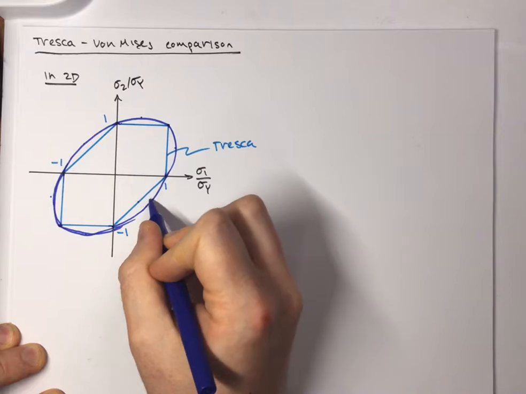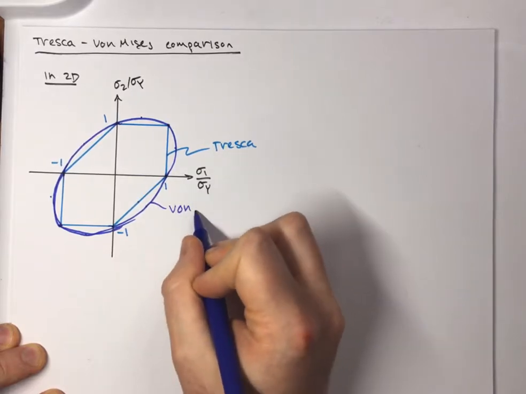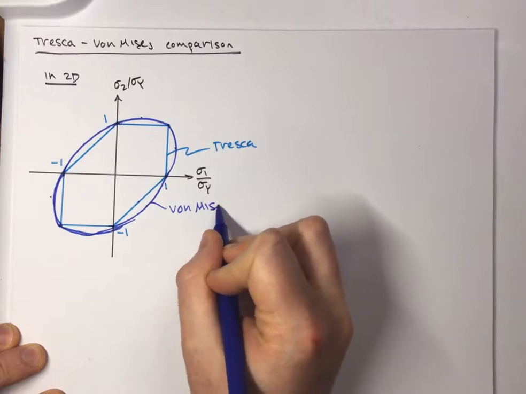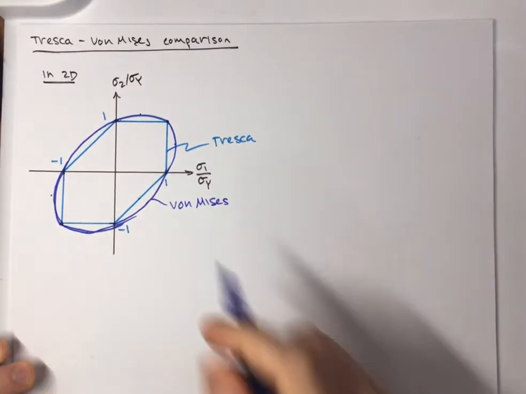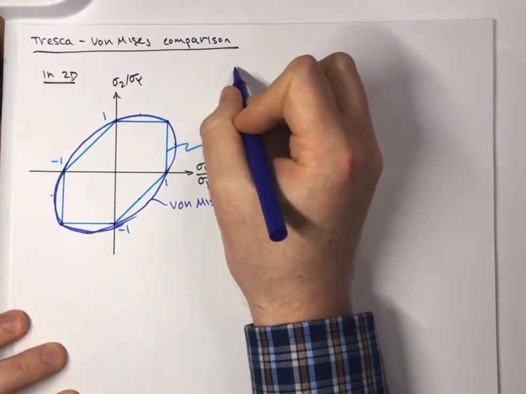So this is going to be our von Mises. And it should be an ellipse. I apologize for the poor drawing here. So the light blue is Tresca, the dark blue is the von Mises surface. So you can see that there are two kinds of points here.